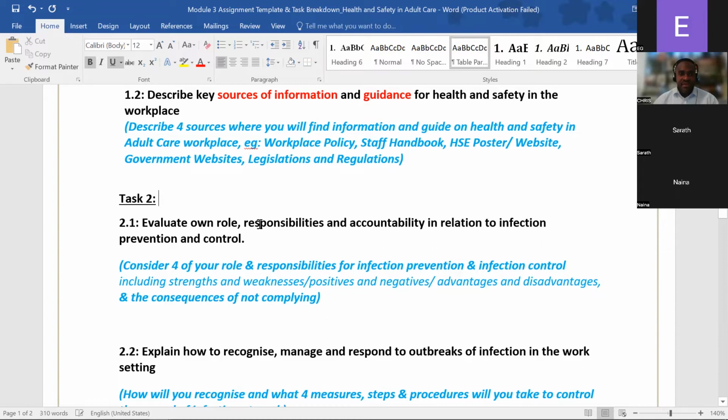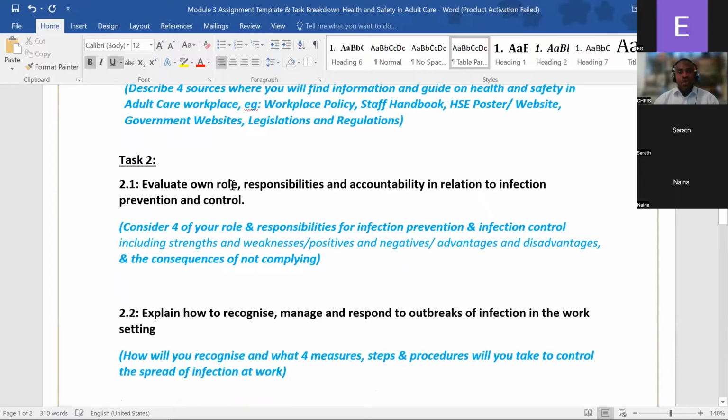2.1, evaluate your own role, responsibilities, and accountability in relation to infection prevention and control. So it's talking about the same thing, how to control infection and how to prevent infection.